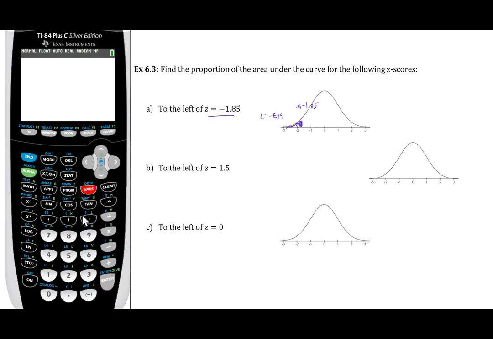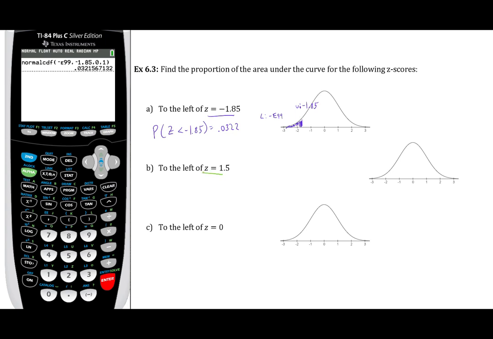Second vars, number 2. Negative second comma 99. Negative 1.85. And I'll get the probability that the z-score is less than negative 1.85 is 0.0322.